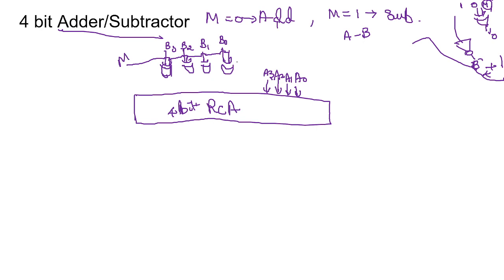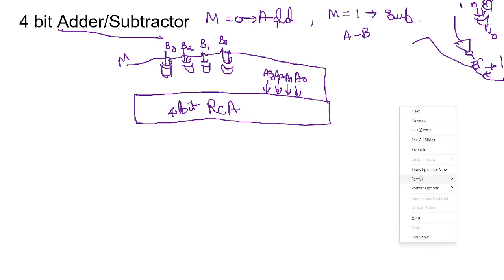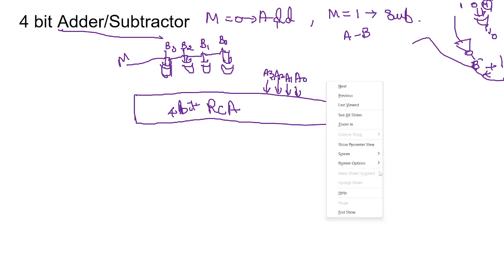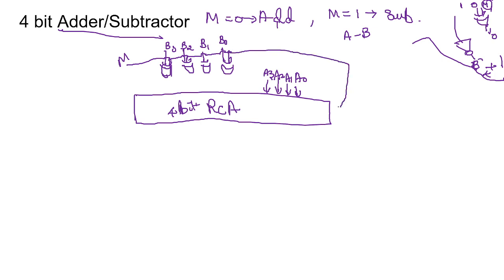And this M I have to apply as the second input, and also this bit I have to apply here as C in. So this will be my M. Now I have obtained the 2's complement of the second input B, which is minus B.